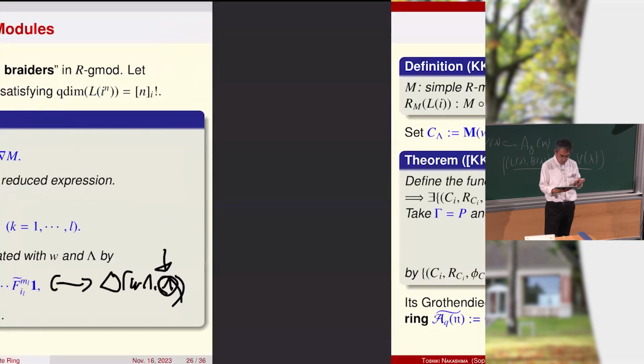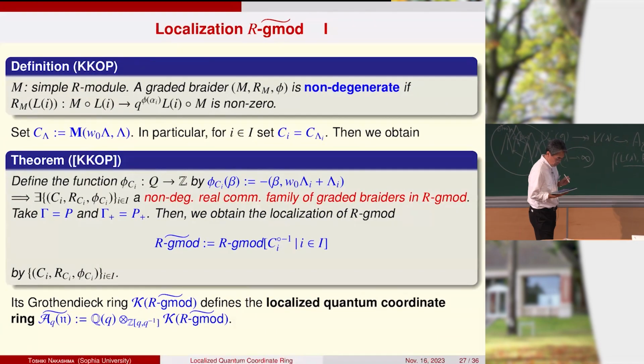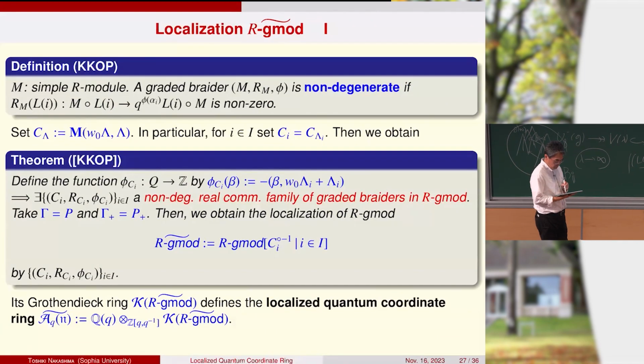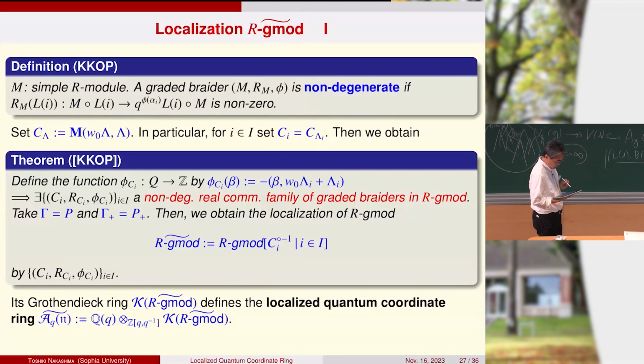Anyway, using this one, we can consider the localizations of RG mod. Non-degenerate means such one is non-zero, and we set C lambda. This is the determinantal module corresponding to the longest Weyl group element, and this is the fundamental weight. Especially, we set Ci corresponding to lambda i, the fundamental case.